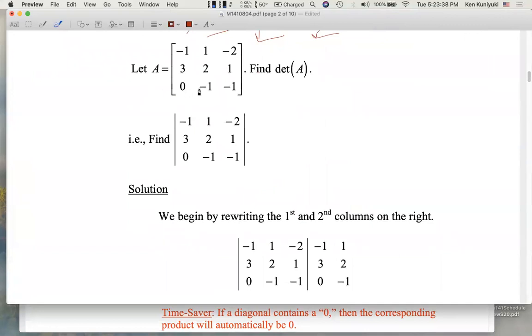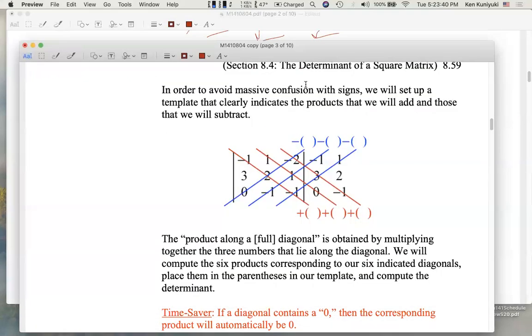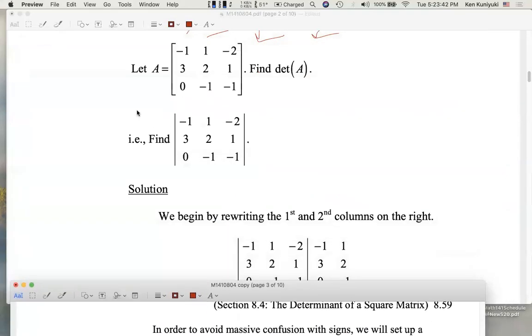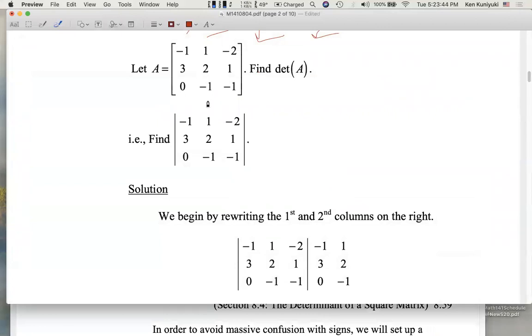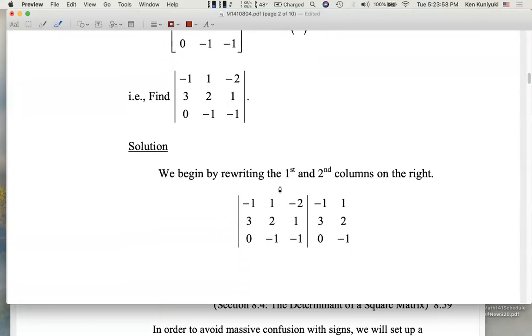Okay, so this example, it was this one. If A is the 3-by-3 matrix here, find the determinant of A. In other words, find this. And if you're finding determinants, it's okay to write it like this without the brackets inside. So again, according to Sarrus's rule, you rewrite column 1 as column 4 and rewrite column 2 as column 5.